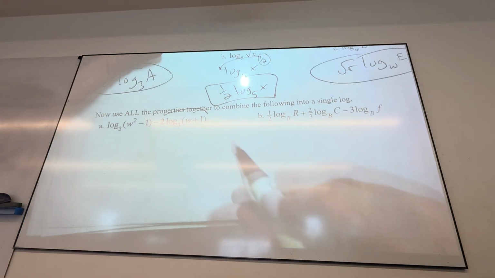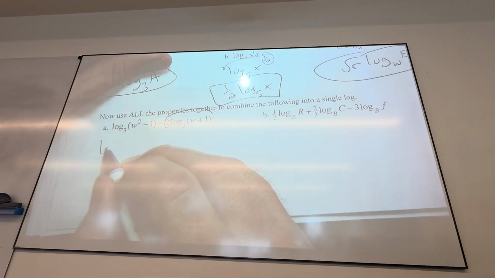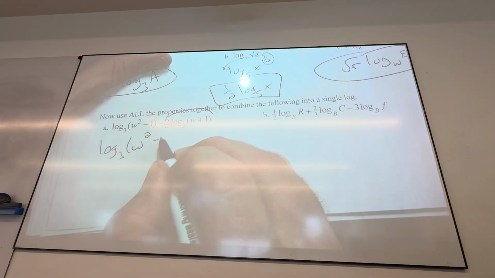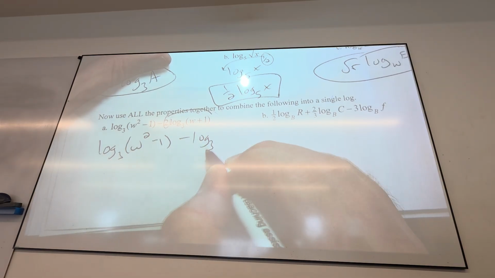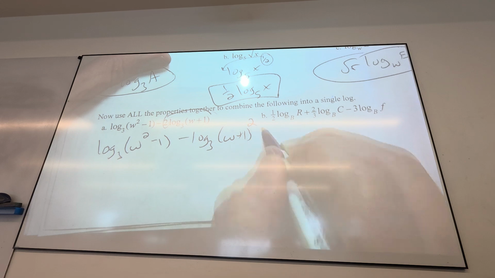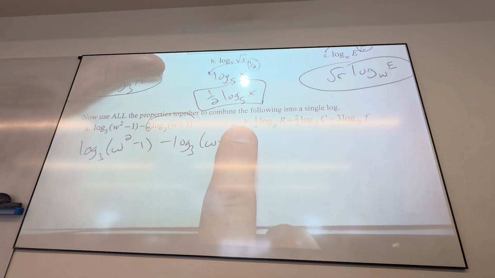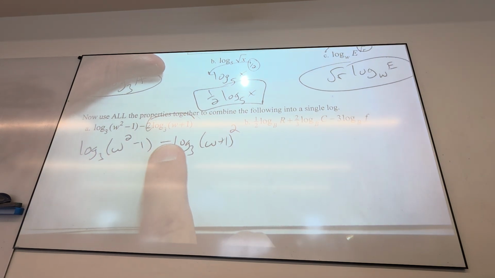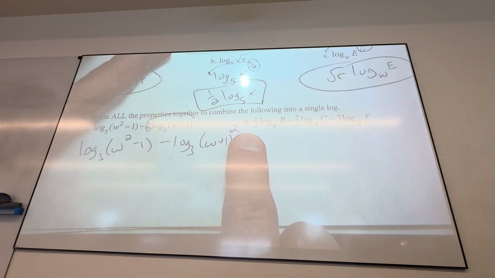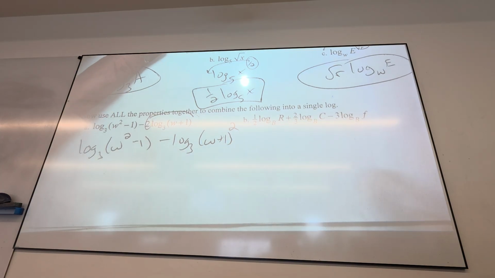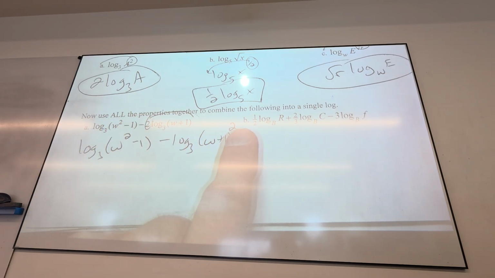So that 2 can go back up. If I have a power, I can bring it down. If I have a coefficient, I can bring it back up. When do I do which? It depends on what I'm trying to accomplish. Right now, I'm just trying to combine it into a single log, yes?